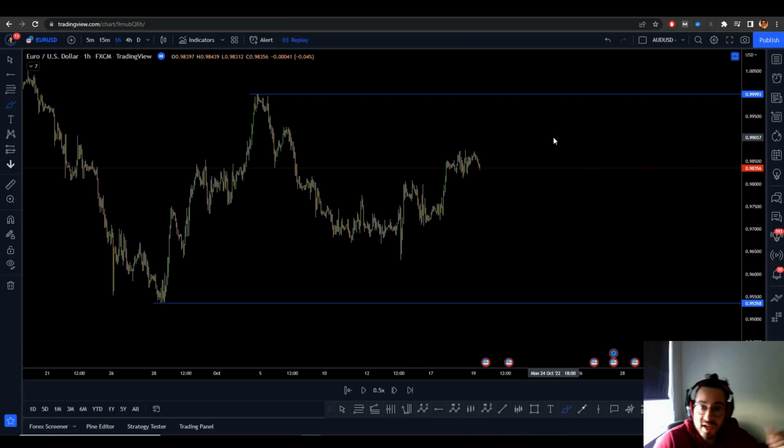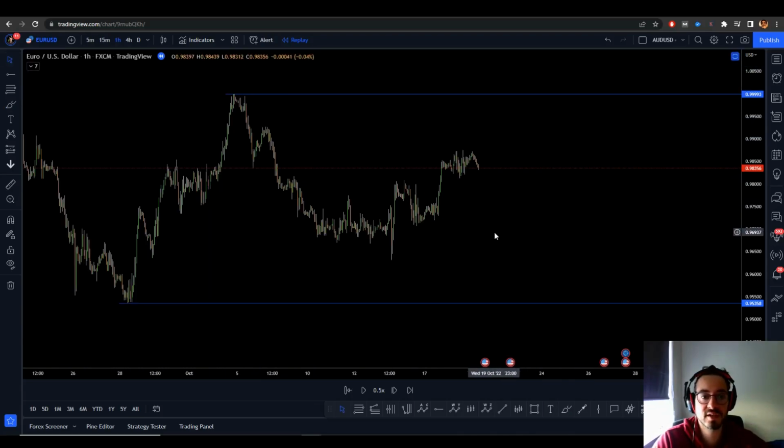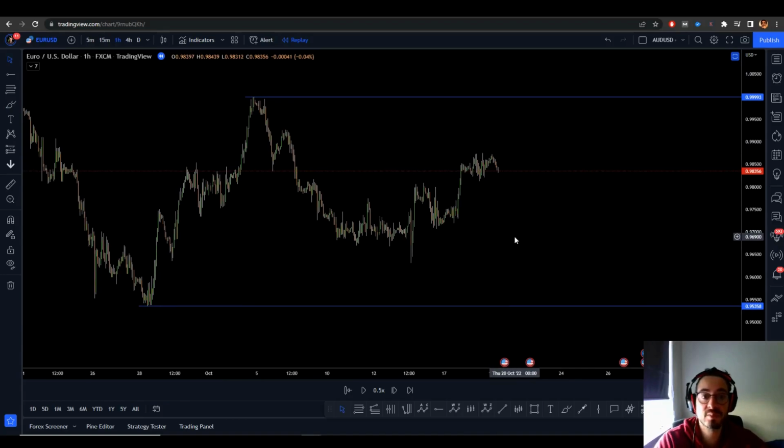People are getting attached and getting so married to one idea and one idea only. Always keep an open mind when you're trading. This is where technical analysis, understanding market structure, and understanding patterns really help, because they give you an objective way of seeing the market and the price action.